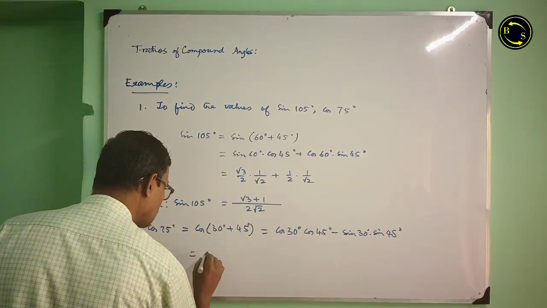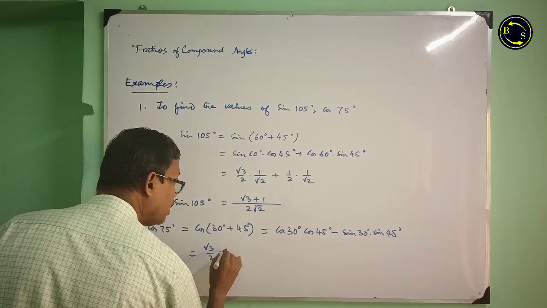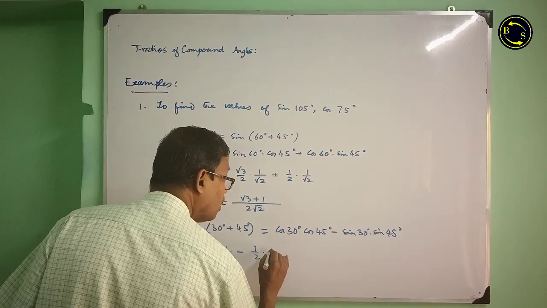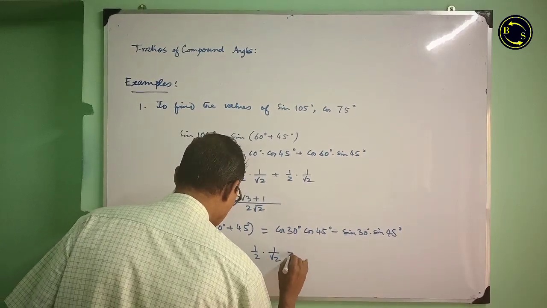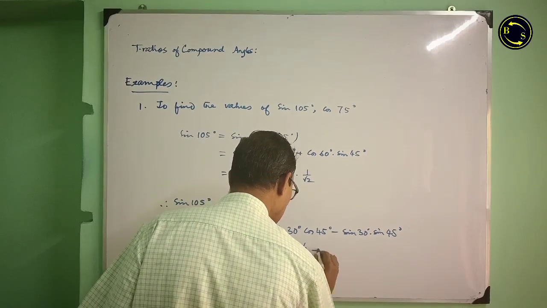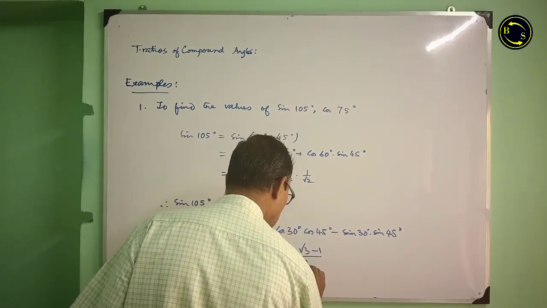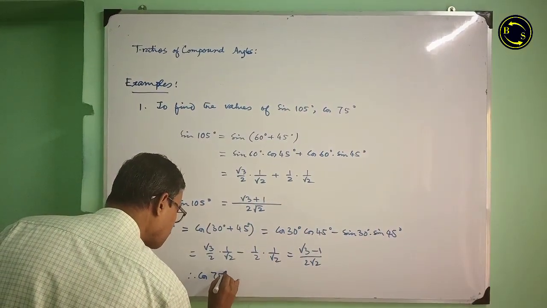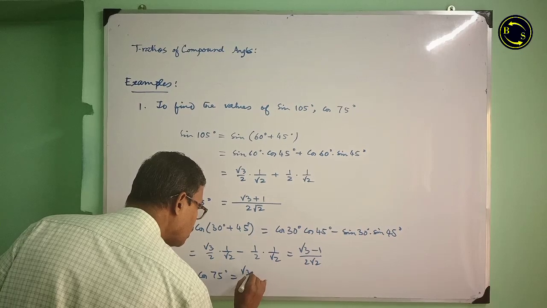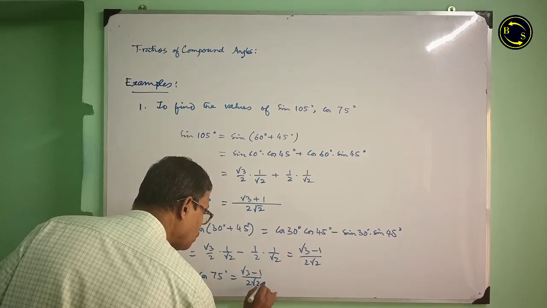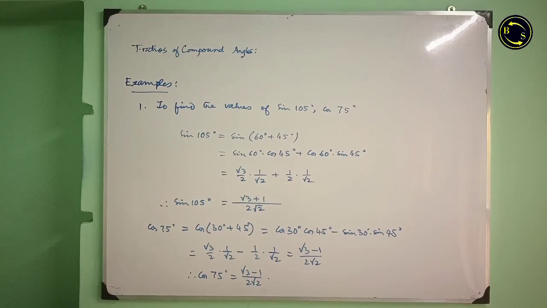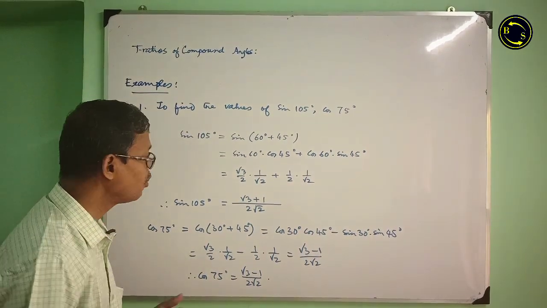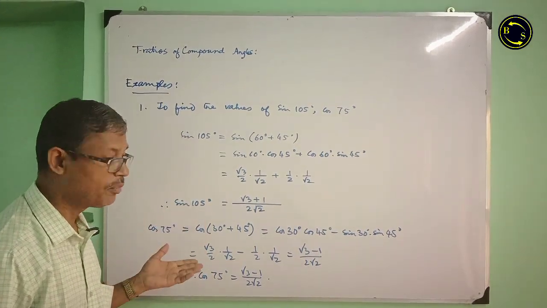Putting the values: root 3 by 2 into 1 by root 2 minus half, 1 by root 2, that means root 3 minus 1 by 2 root 2. Therefore, cos of 75 degree equal to root 3 minus 1 by 2 root 2. Thus, we have applied the concept of trigonometrical ratio of compound angles.